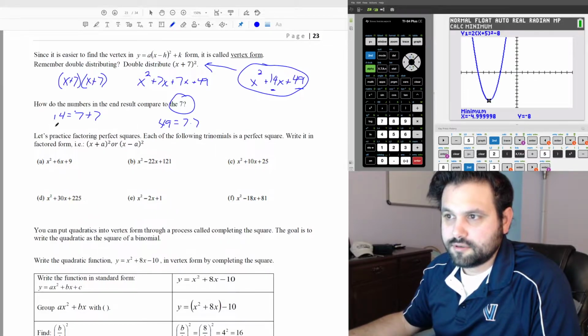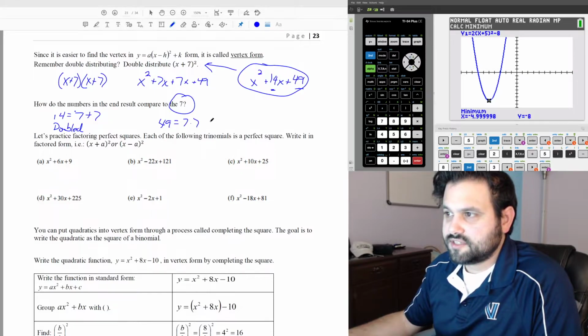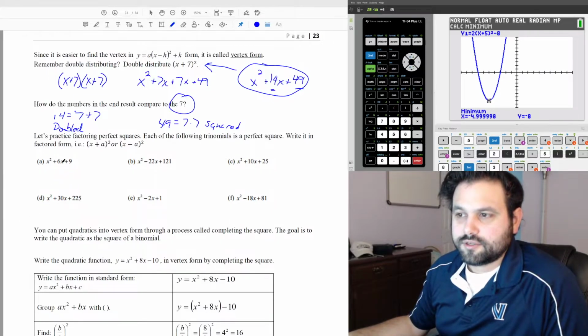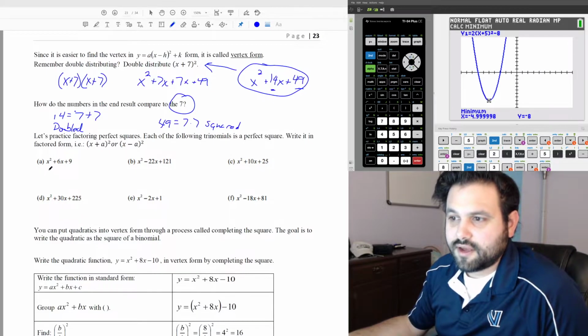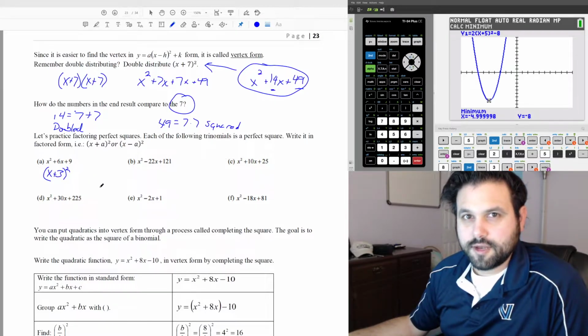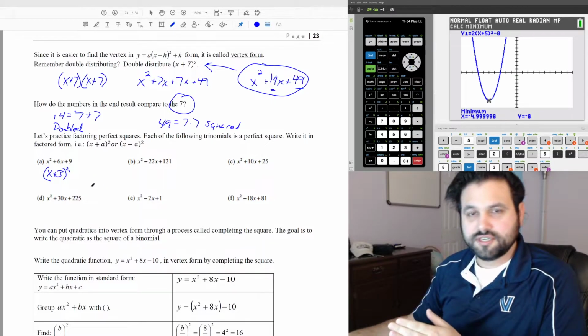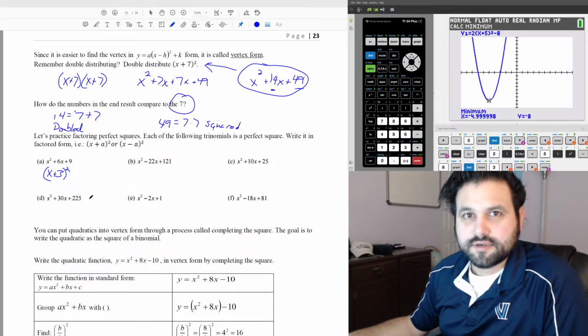This is doubled, right? 7 doubled, and this is 7 squared. So what number doubled is 6 and squared is 9? It's 3. So we're going to have x plus 3 squared. Okay? So go ahead and finish these examples, and then I'll go ahead and finish them as well.